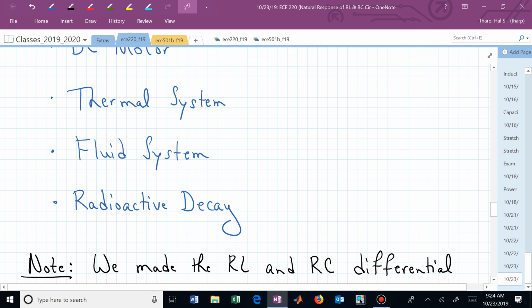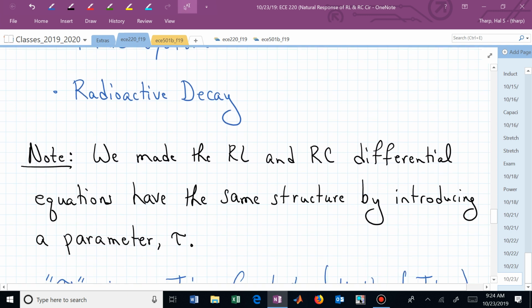Now you can be in a room with other engineers, other scientists, and they can be talking about some dynamical system, and you'll go, that's behaving similarly to what I'm used to, or that's behaving a little differently than what I was expecting. But you now have some intuition based on your circuit experience, which we're developing now.